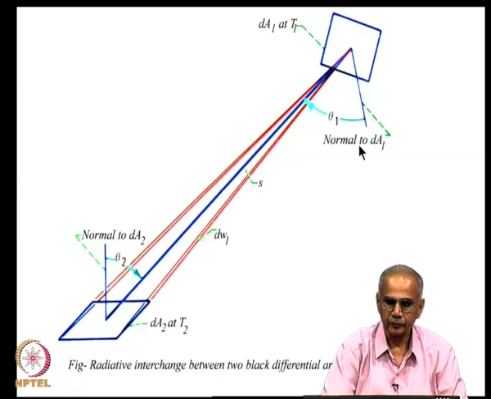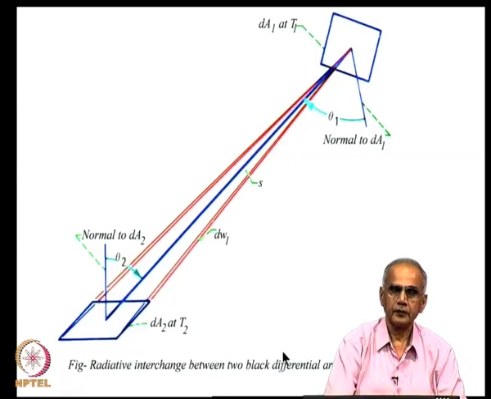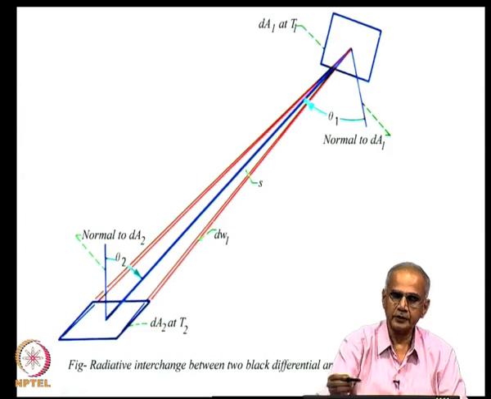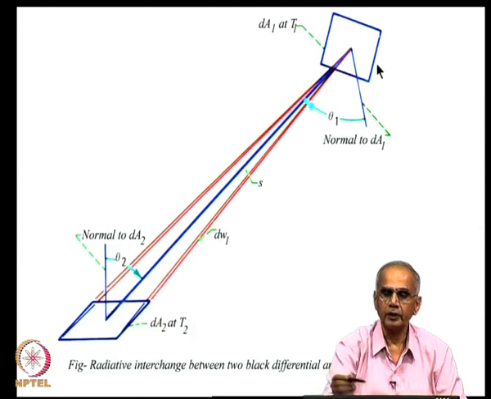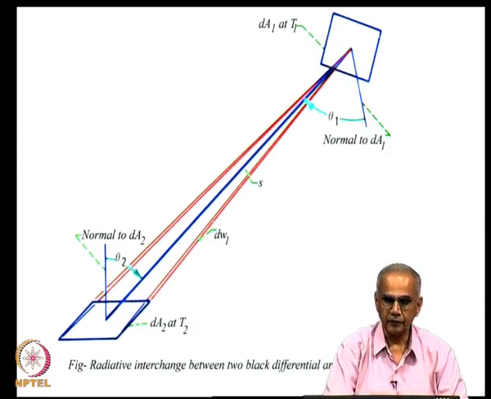These are angles between the line joining these two elemental surfaces and the local normals. These are local normals. Now, we will derive that expression which tells you what fraction of radiation leaving the surface reaches the surface. After that, we will ask under what condition this quantity is a purely geometric factor, and we will show that if the radiation leaving the surface is diffuse isotropic, that is independent of angles theta 1 and phi 1, then indeed this fraction is a geometric factor, and that makes our life very easy.